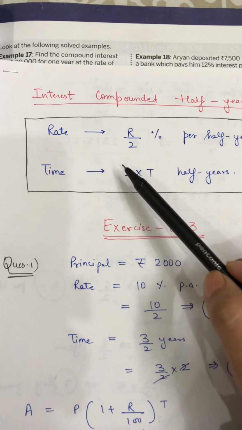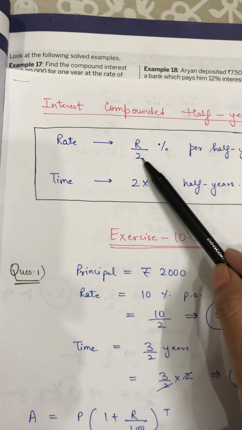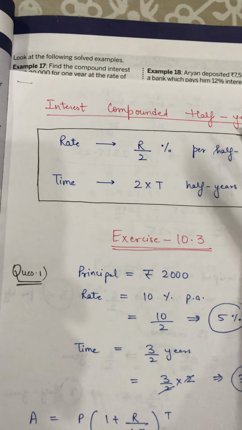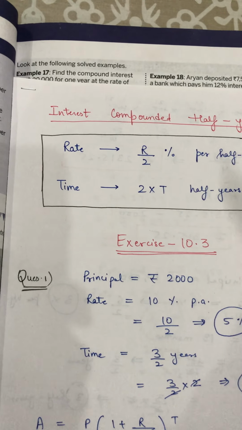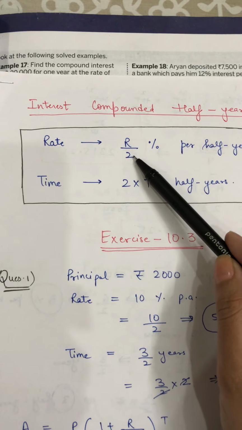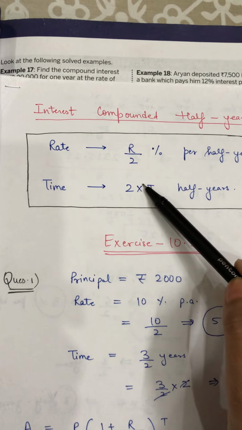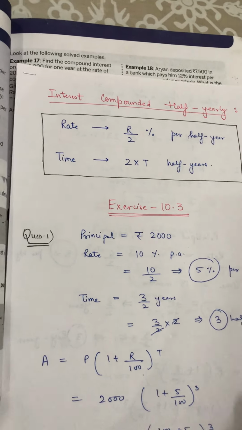So when these things are given in the statement, in the beginning you divide by 2 and multiply by 2 here. But when you are finding out rate or time in the question, you have to do the reciprocal. When finding the rate, multiply by 2, and for time, divide by 2. Rest of the things will be the same.